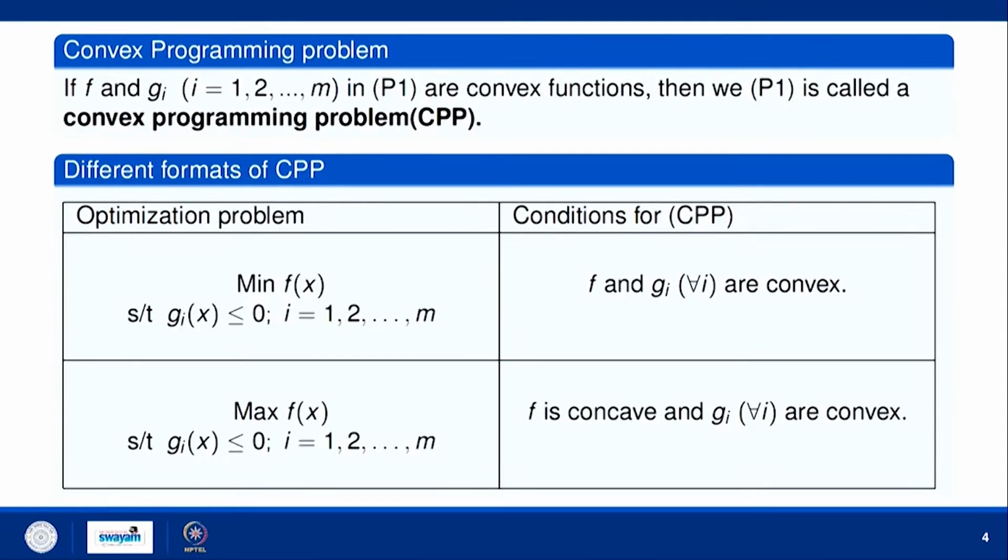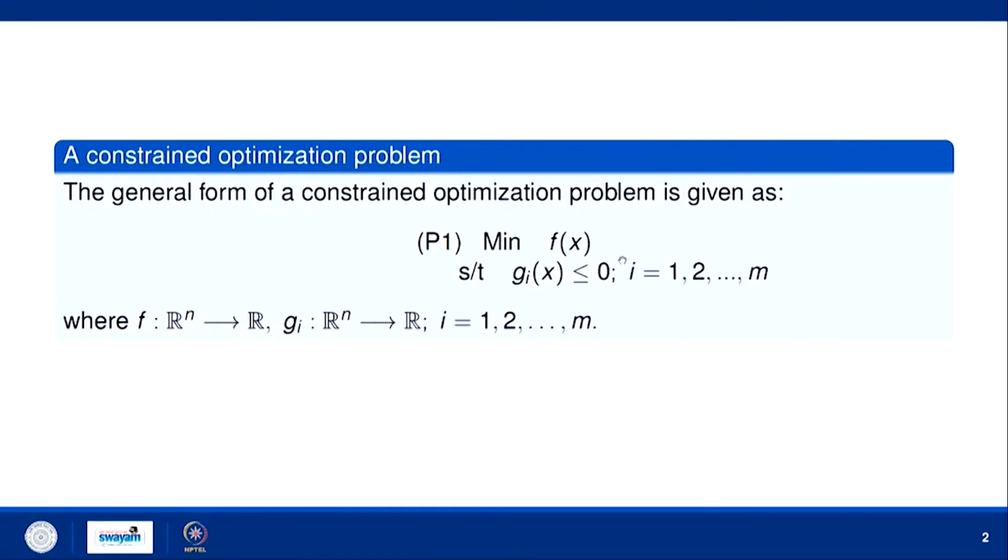Now, what is a convex programming problem? This problem P1, which we have just discussed, is called a convex programming problem if the objective function f as well as all the m constraints here are convex. That means, if f and all g_i are convex, then such problems are called convex programming problems.